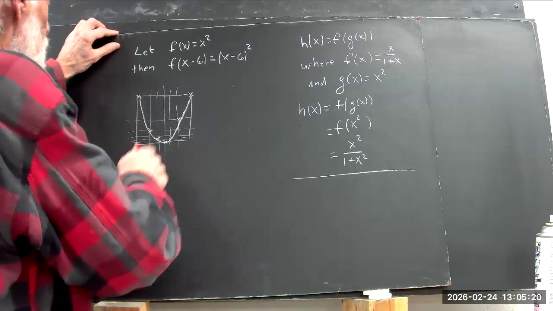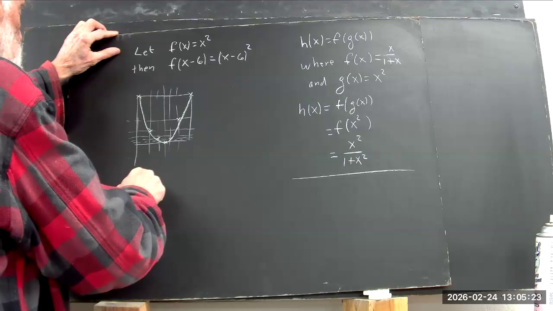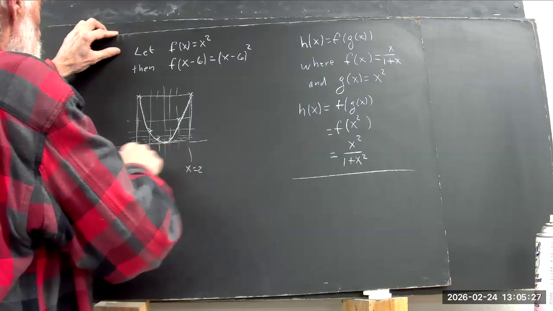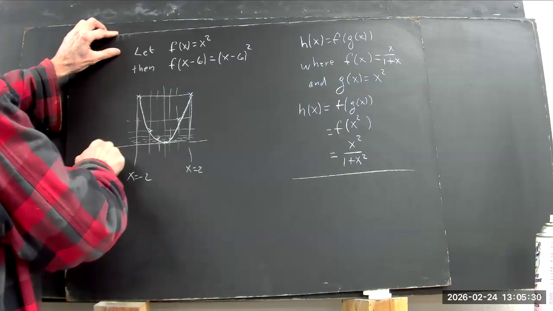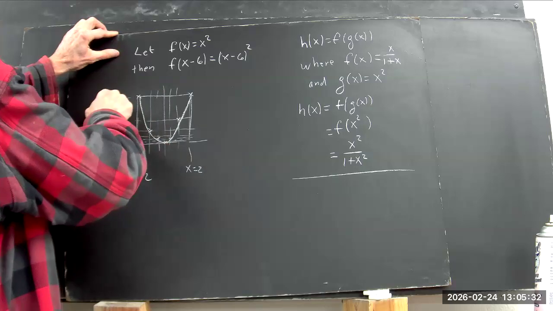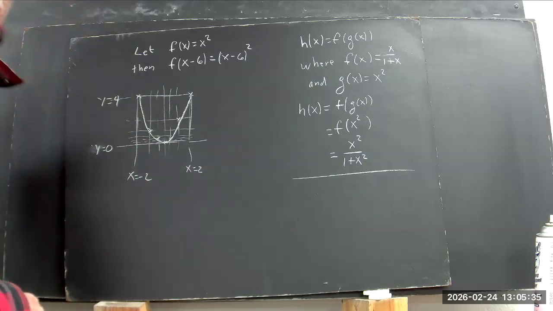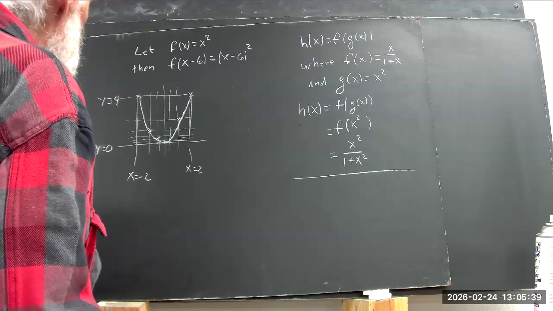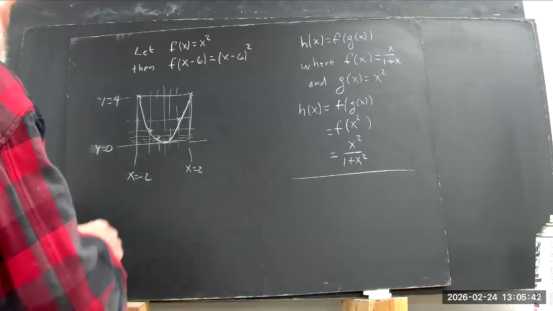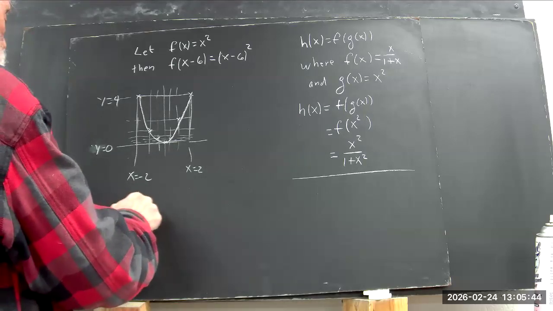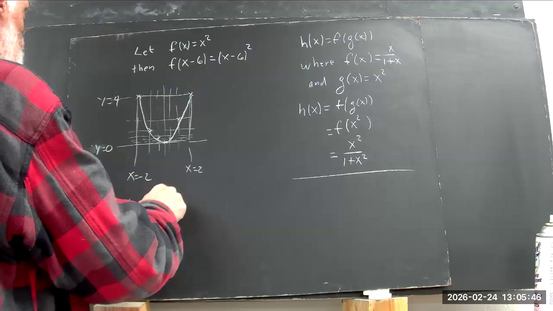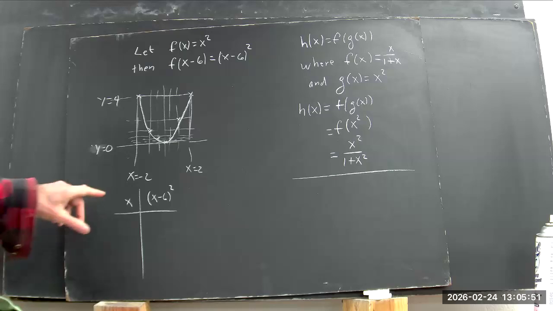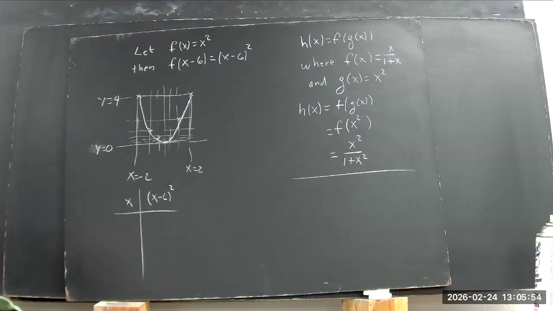Okay, so here is f of x. Here's x equals -2. Here's x equals 2. Here's y equals 0. Y equals 4. And everybody should be familiar with this. Now, let's take x and x minus 6 quantity squared.